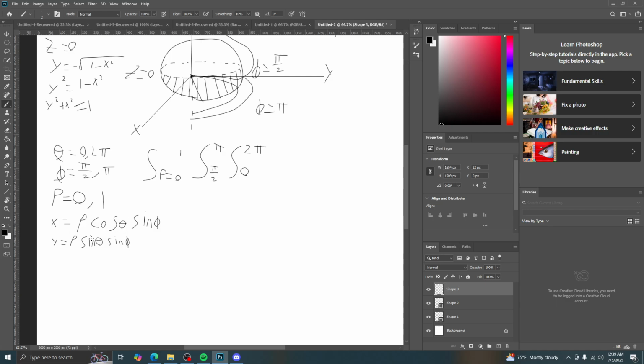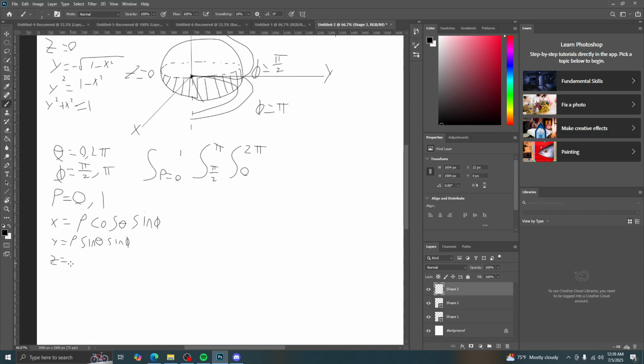The way I remember these is they both have rho times sine phi in them, and then you just have x as a cosine theta and y as a sine theta. The rho sine phi is just constant, and then you add the cosine theta and the sine theta, because then where does theta go? Theta goes in here for the x, with a cosine for x and sine for y, because that's just how it is.